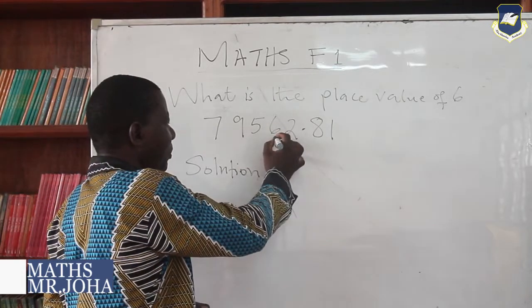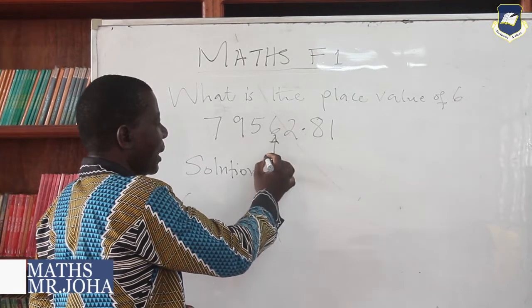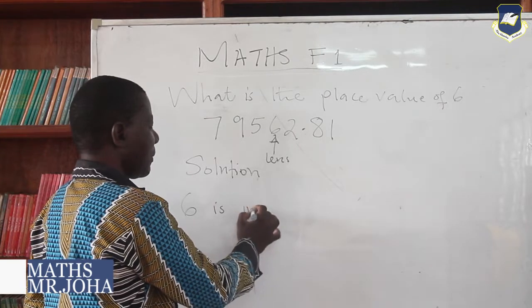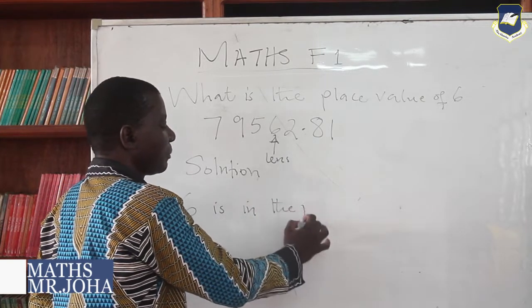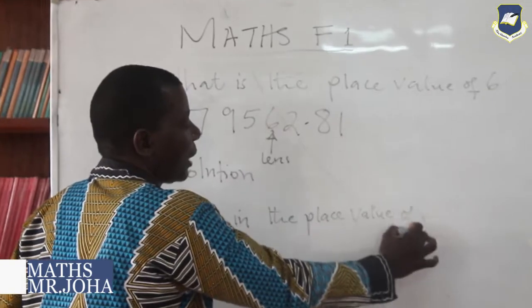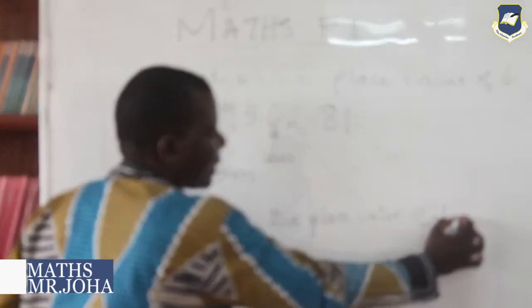You can see that the place value of 6 in our number is tens. So 6 is in the place value of tens.